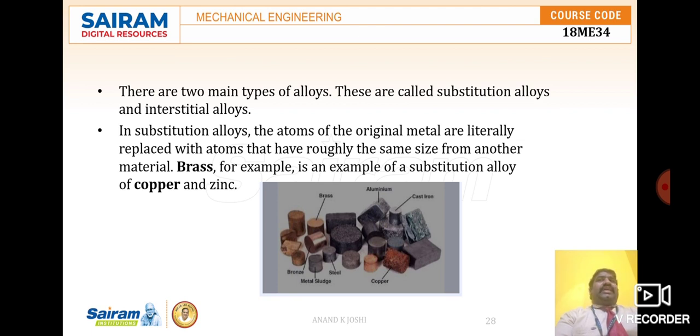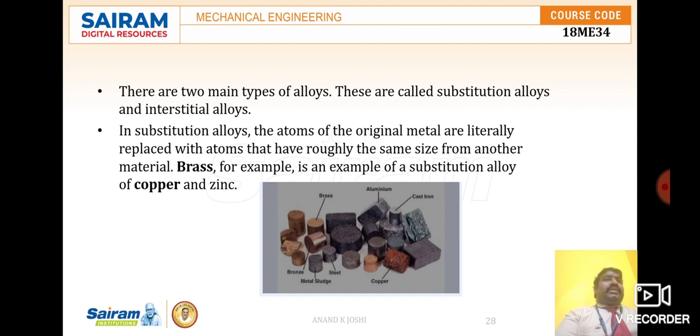The next one is intermetallic compounds, with defined stoichiometry and crystal structure. Stoichiometry means the perfect ratio of the mixture, the chemically perfect mixture; that is what we call stoichiometry. These are composed of definite or fixed proportions of two or more elements or metals, rather than the continuously variable properties as in the case of solid solutions.